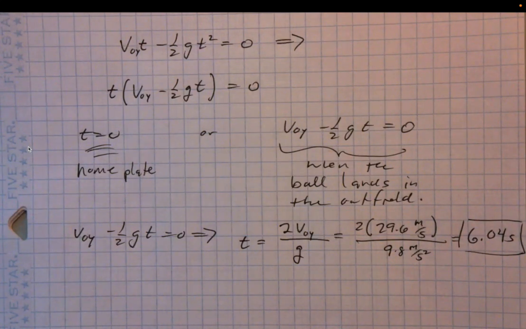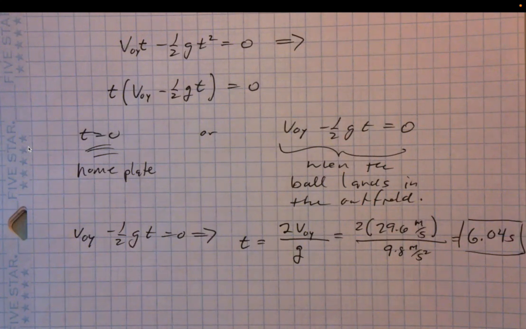Now, does that make sense? Yeah, that makes sense to me. That's twice the time it takes to get to the top. We saw that it took 3.02 seconds to reach the top of the trajectory. It's going to take that time again to reach the ground. So that's a very intuitive response.